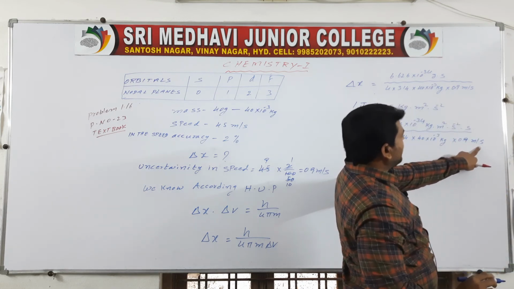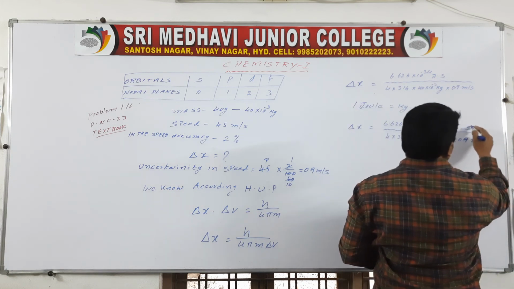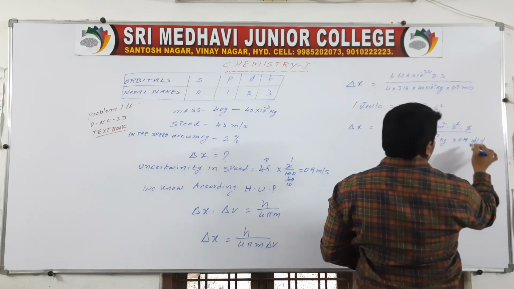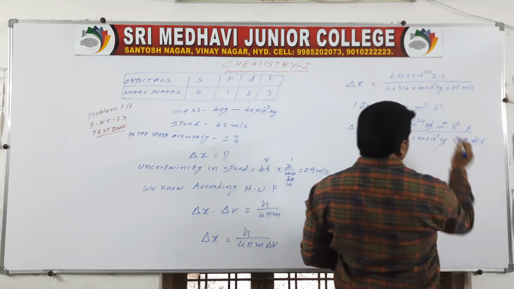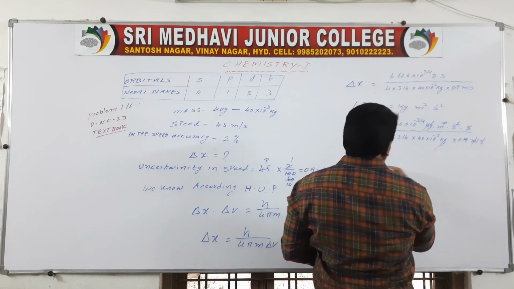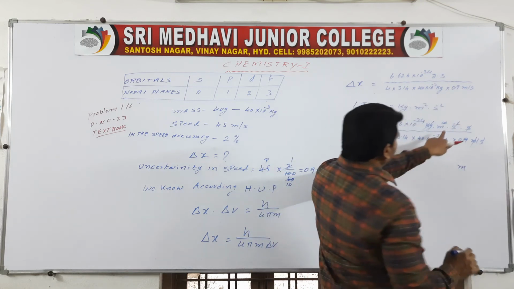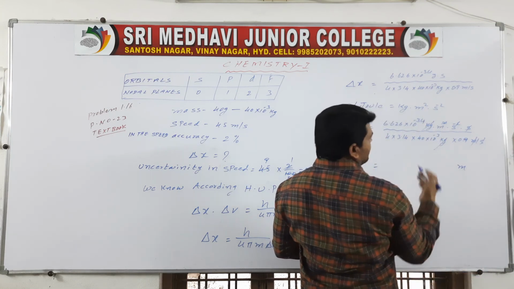Second minus 2 cancels, meter square cancels, kg cancels. Only meter is remaining. Then 10 power minus 3 going up means plus 3.